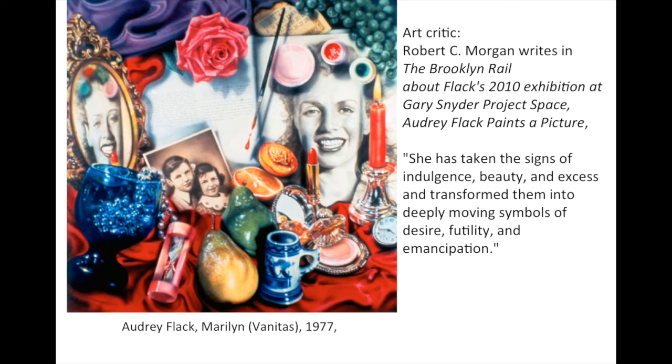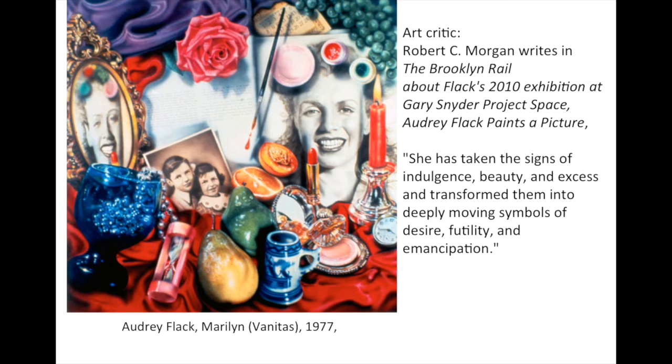We've got choices of particular objects in the artworks that each have very clear references to that specific painting genre. In this particular artwork, Marilyn Vanitas, we see references to the candle, the clock, the hourglass, and the calendar, all about the passage of time. There's also beautiful flowers.